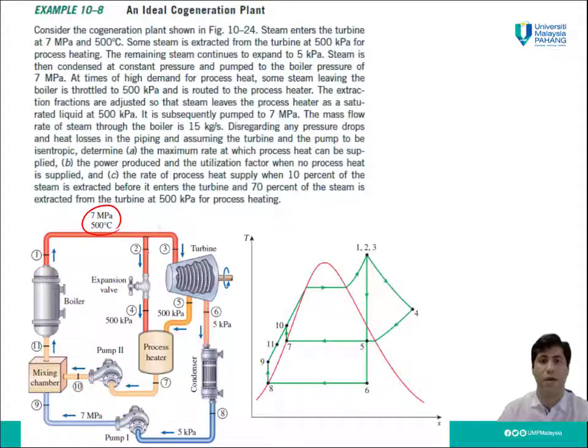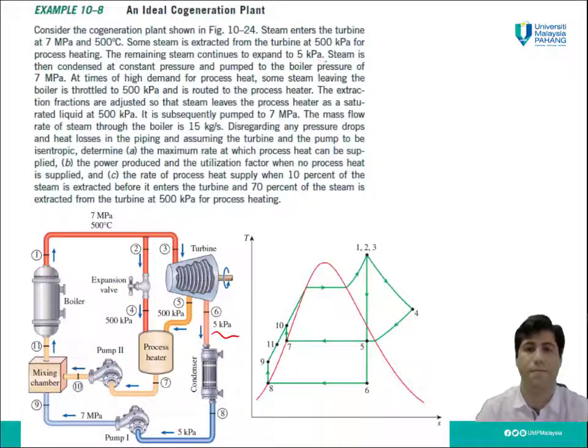So we use some fraction of this steam which goes to the turbine for the process heater, and the remaining steam continues to expand to 5 kilopascal. What we have here after the turbine is the remaining steam, which goes to the condenser, and the pressure is 5 kilopascal.